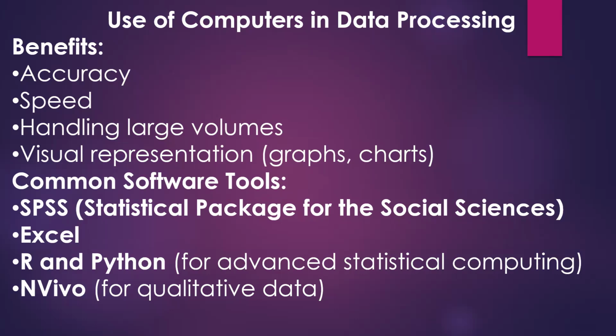Popular software tools include SPSS, which is used for numbers and helps to create statistical analysis, especially in social science. Excel is widely used for data entry and basic stats.